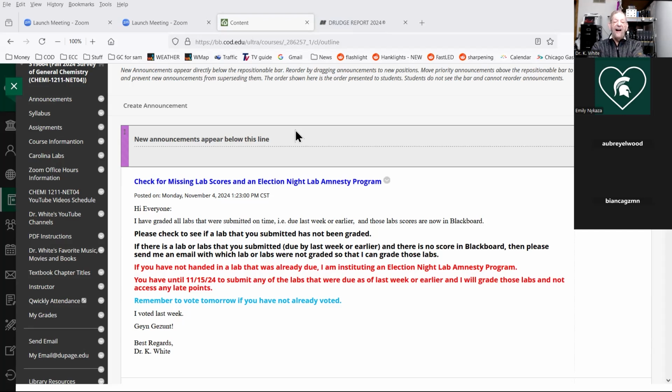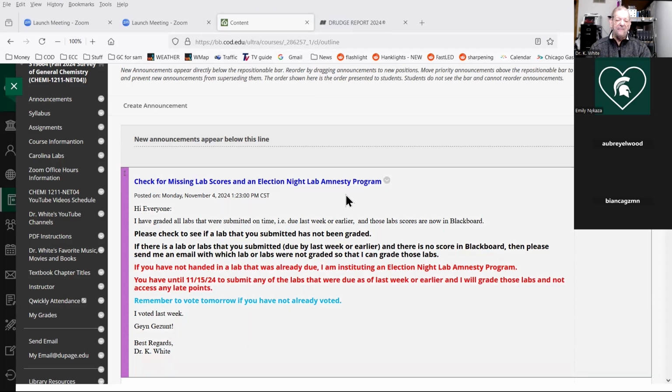Next, because of the election tomorrow, I have an election night lab amnesty program. What I've done, I've gone back and opened up and made available all the labs from lab 1 until labs that have been due. And you can upload them if you haven't done one.